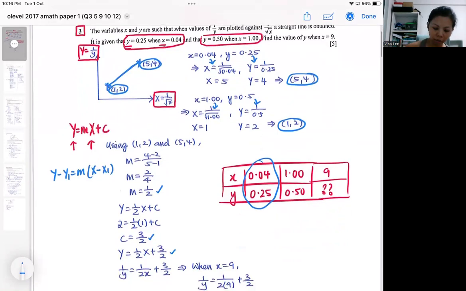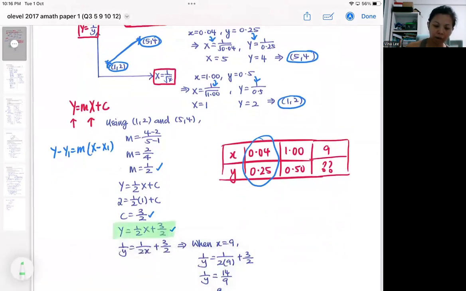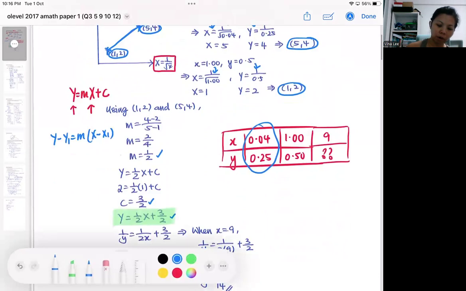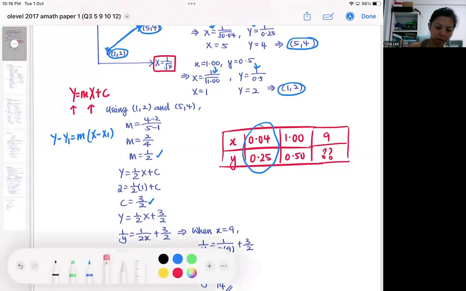So eventually you will come to the capital Y equal to mx plus c. So this is the time where you replace the capital Y with 1 over x. So once you get the original equation, essentially this will be the before linearized equation.